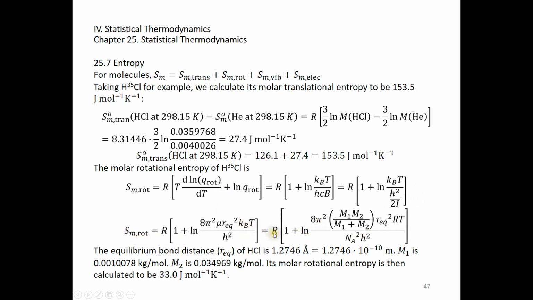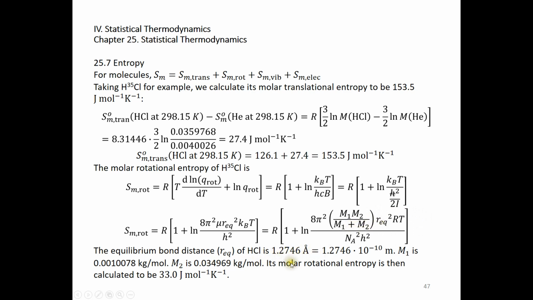It's just R, which is 8.3, and then 8 pi. The molar mass for hydrogen is 0.001 kilogram per mole. For chlorine, I think it's 0.035 kilogram per mole. Plug those numbers in. The equilibrium bond distance, you can look it up.